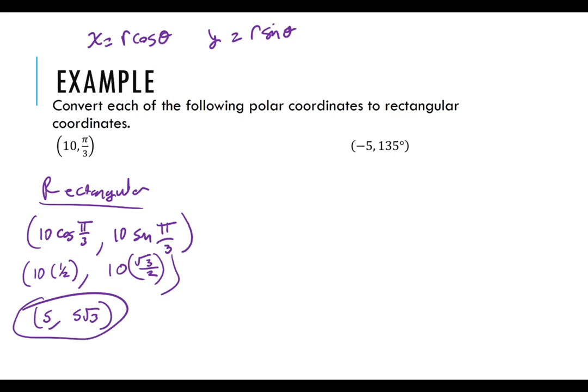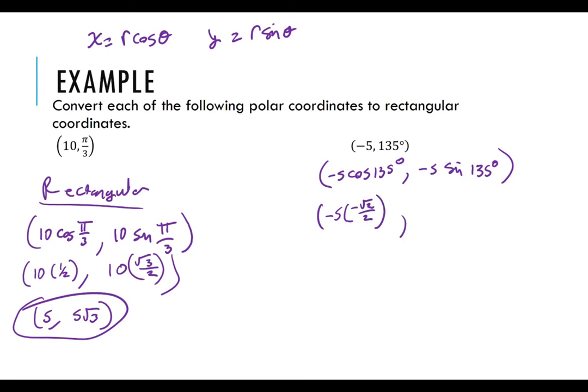Well, then if I have negative 5, 135 degrees, well, of course, you can just jump right to it. That is negative 5 cosine of 135 degrees is our x-coordinate, and negative 5 sine of 135 degrees is our y-coordinate. Well, then cosine of 135 degrees, using our unit circle, that's going to be negative root 2 over 2. So I get negative 5 times negative root 2 over 2.